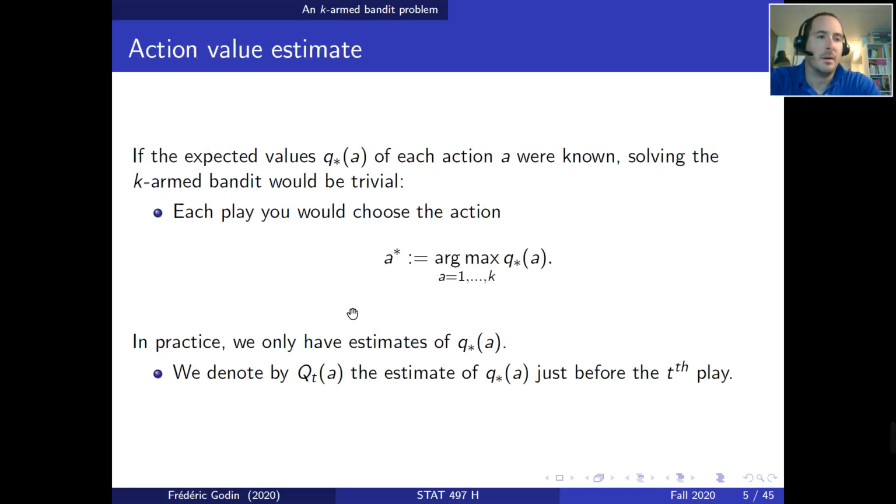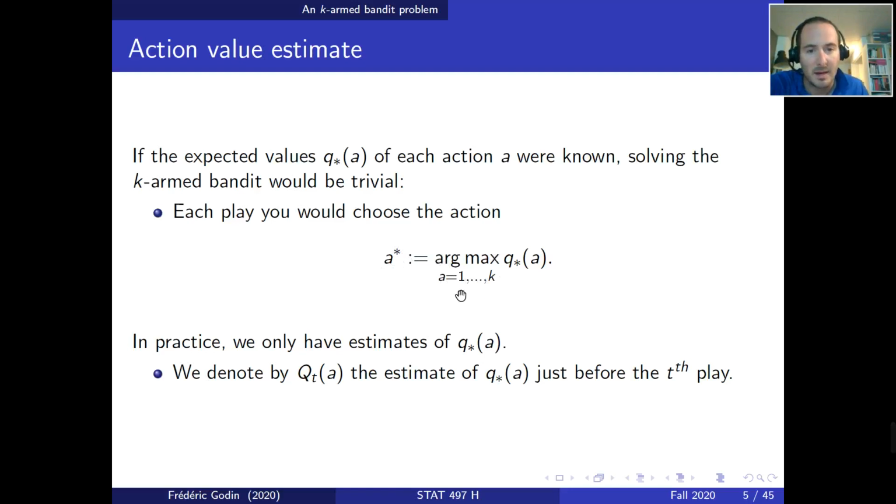Okay, so if we knew the exact distribution associated with each lever, then solving the K-arm bandit problem would be very easy. If you knew the expected value associated with each arm, you'd play the best arm all the time. So you determine A star, which is the lever which has the highest expected value.